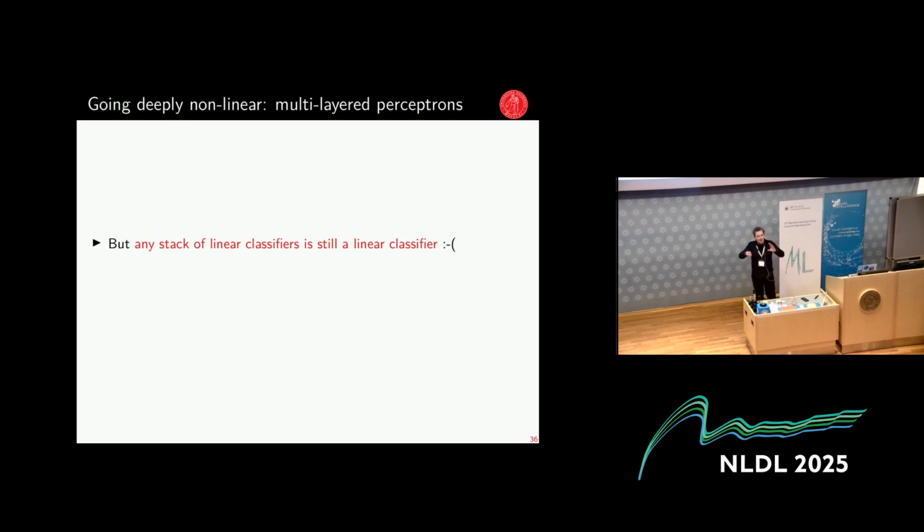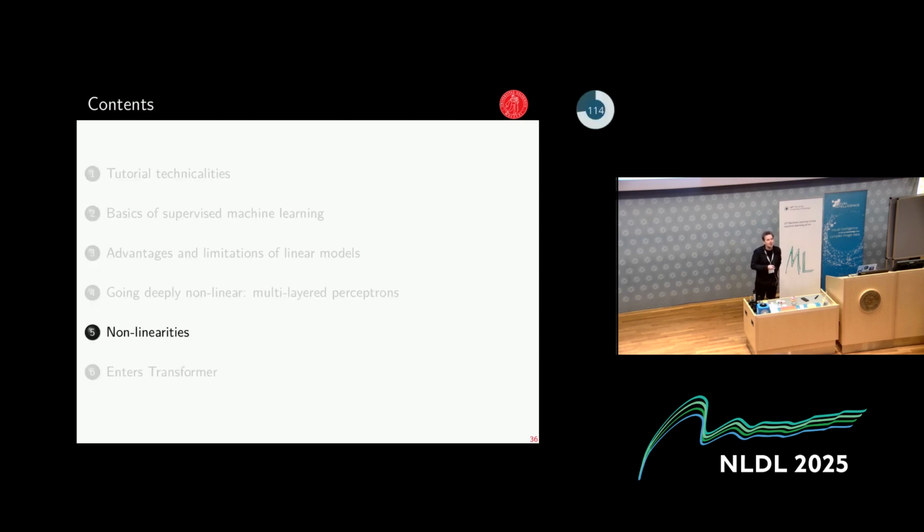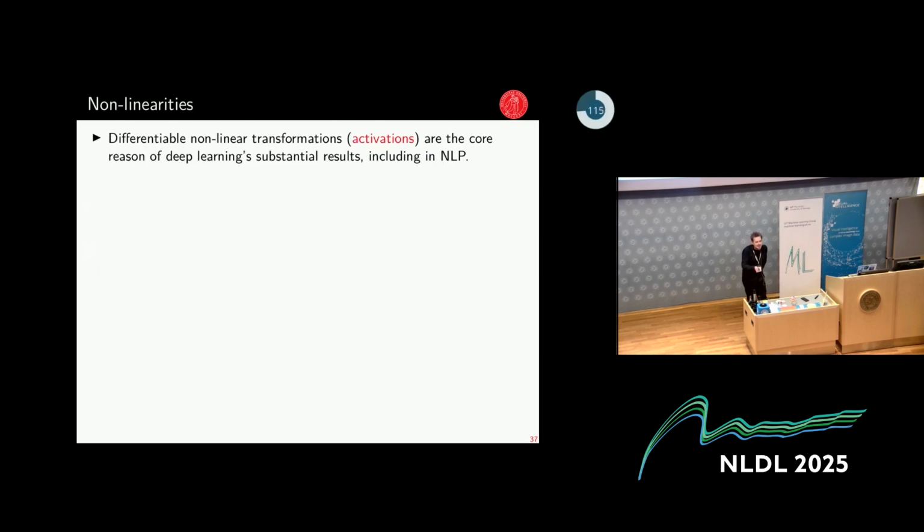Unfortunately, any stack of linear classifiers is still a linear classifier. So this thing still will not be able to solve data sets like exclusive or other nonlinear problems. That's why we're using these nonlinear transformations or activations that I mentioned before, right? And they are actually the core reason behind all these recent successes of deep learning, including in natural language processing and language models.